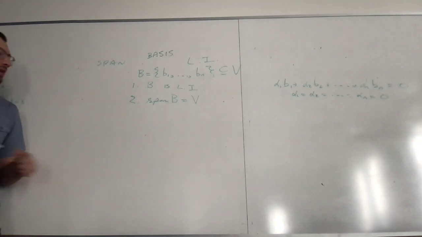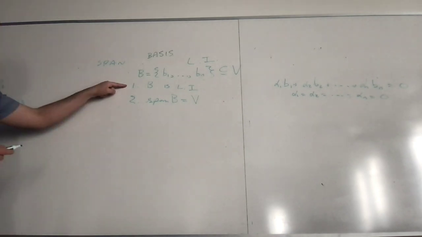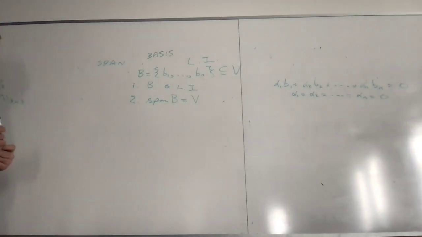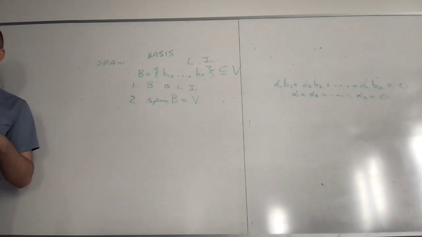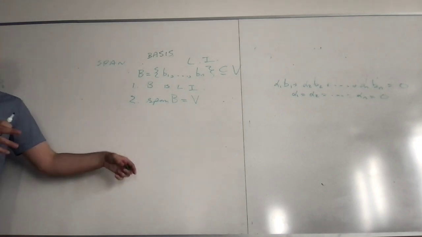Last time I talked about how with linear independence, if you have just one vector, then that vector is linearly independent because there's no way to write it in terms of other vectors.